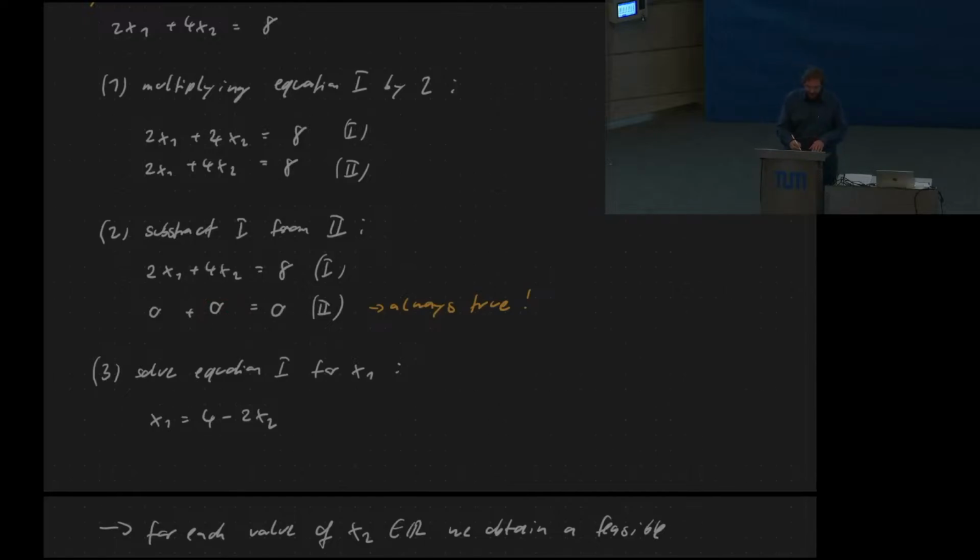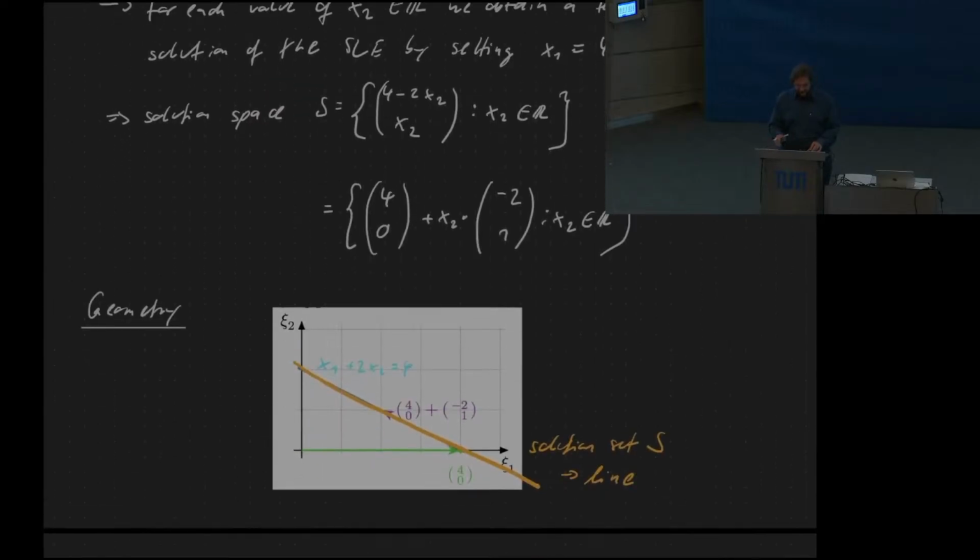So x2 is a free variable, and any choice of x2 yields a feasible solution by just solving for x1. Then you get a set of solutions that is structured in this way. For higher dimensional systems, you might have not just one free variable, but possibly several, but it all works in the same way.